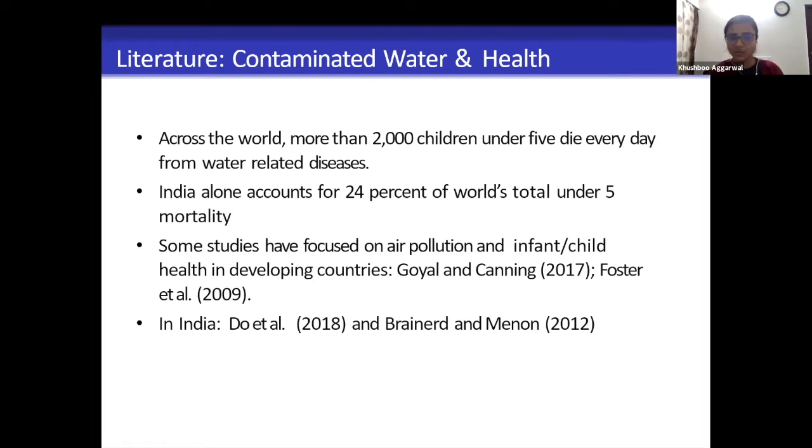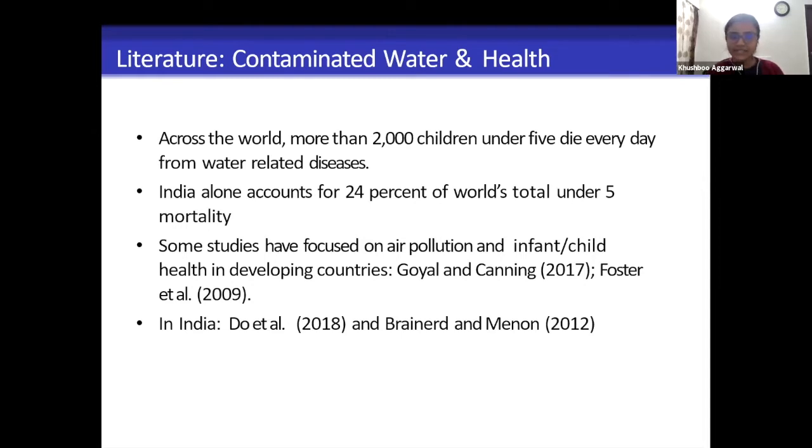in Mexico. There has also been work done in India related to water pollution. For instance, a study by Du and others in 2018 shows how an environmental regulation requiring a lesser discharge of industrial pollutants in the river Ganga has led to improved health outcomes for infants.